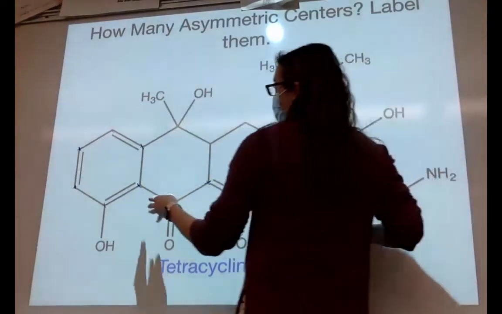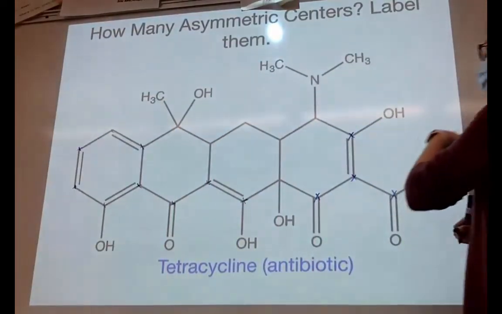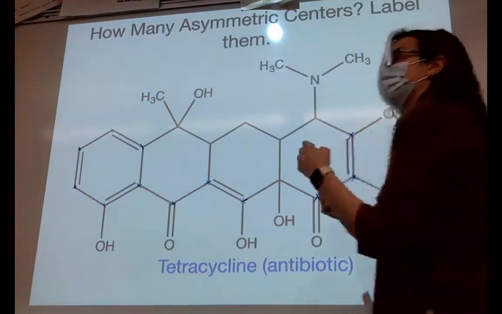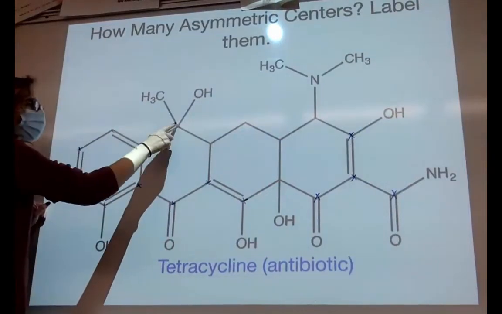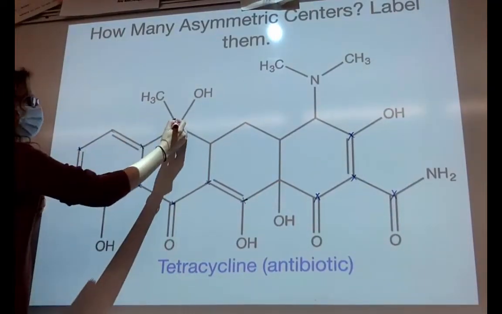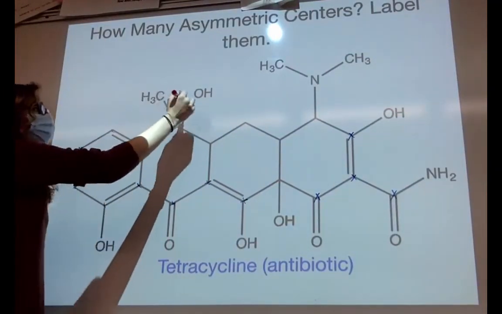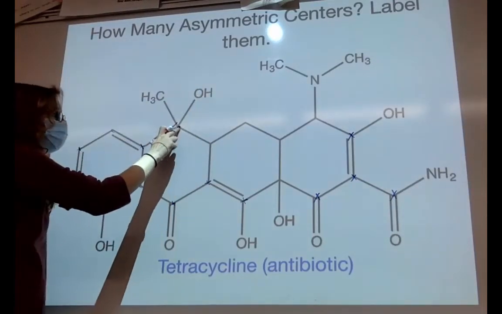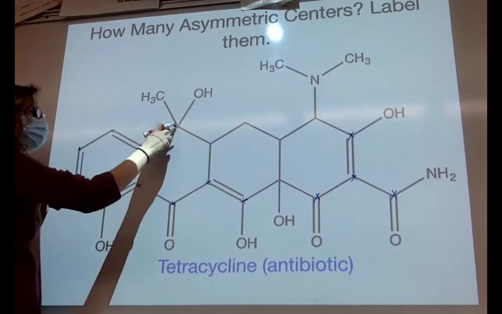Now, you can look at some of the other ones, and we know we have these single bonded carbons. The question is, are they attached to 4 different groups? When it comes to rings, look at this carbon, for example. It's attached to a methyl, a hydroxyl, which is OH, and then you want to look at what else it's attached to.